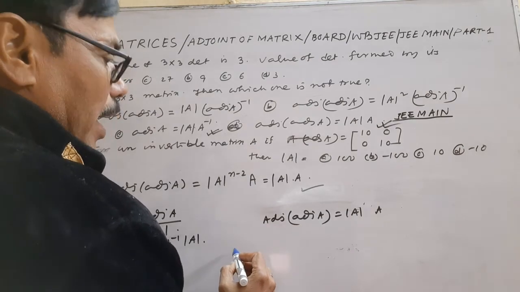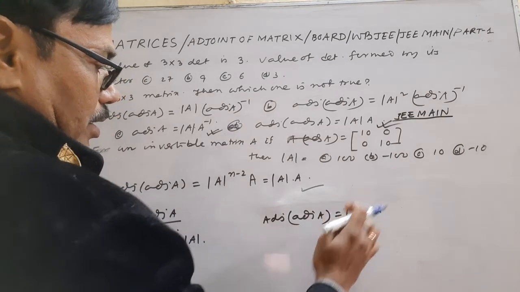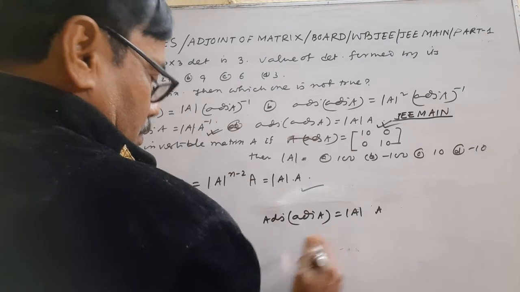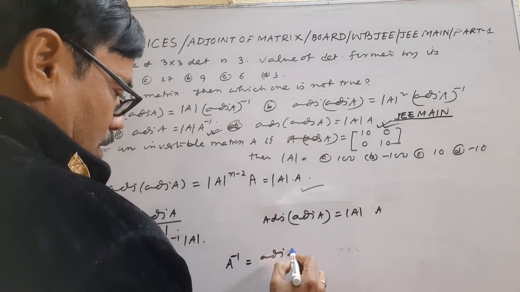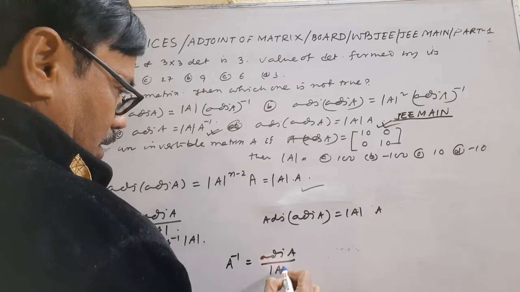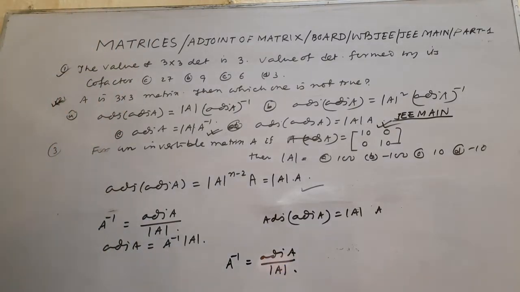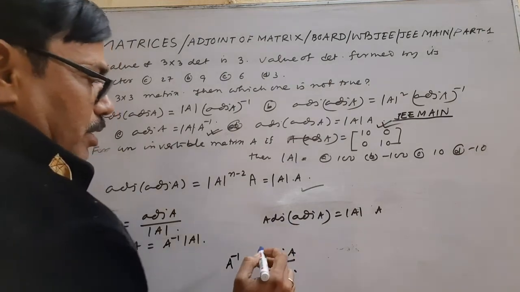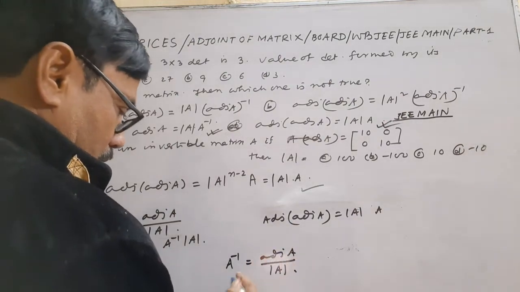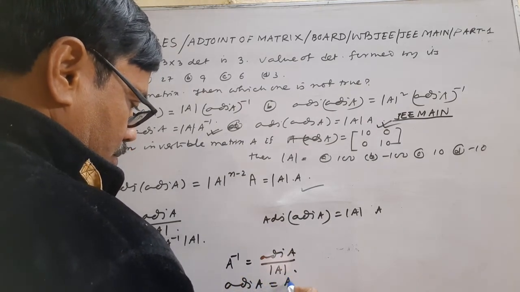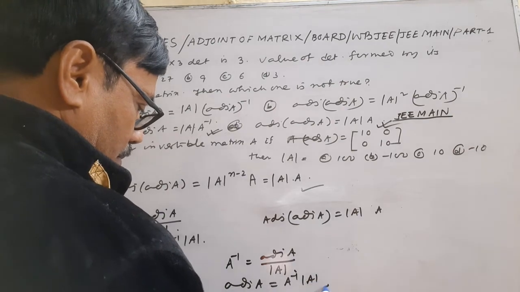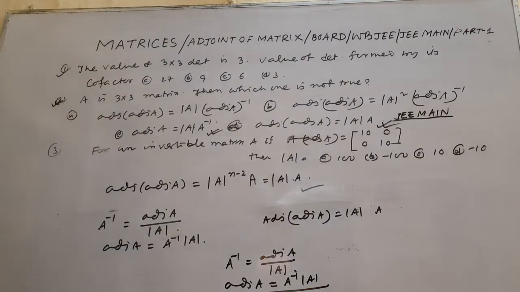So, adjoint A, determinant A inverse equals adjoint of A by determinant A. So, what is adjoint of A? Adjoint of A equals A inverse into determinant A.